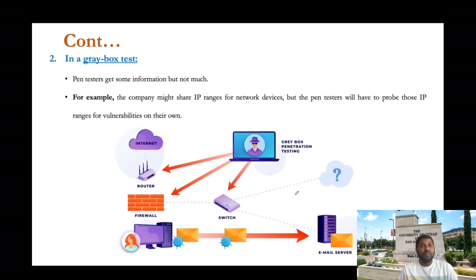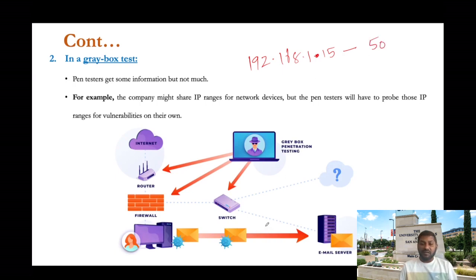The company might share the IP ranges for the network devices. They may say to test the devices connected in the IP range, like 192.168.1.15 to, suppose, 1.50.